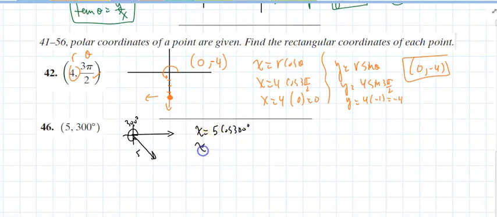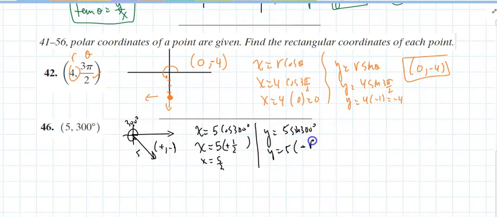And since we know what this is from chapter 1, cosine of 300 degrees is what? 1/2. And this quadrant, oh, I said positive. In quadrant 4, x is positive and y is negative. So x would be 5/2, and y would be r times the sine of theta, and y would be 5 times negative radical 3 over 2, and y would be negative 5 radical 3 over 2.